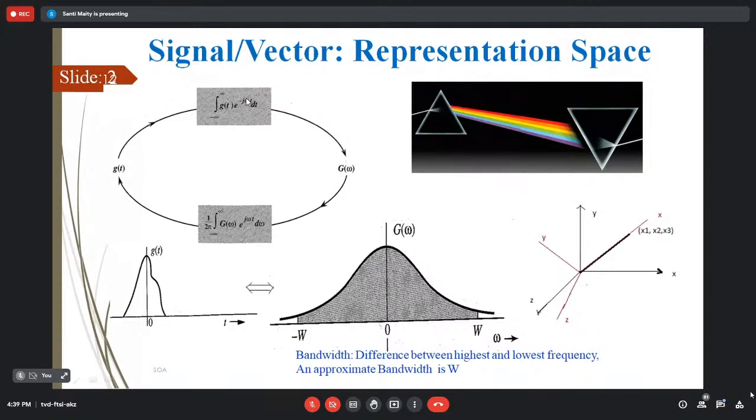What is e to the power minus j omega t? I don't include all this in the slide, but if you think of e to the power minus j omega t, you can think of a rotary vector, a vector having angular velocity omega, and if you project on the real axis and imaginary axis, it will give rise to sine omega t and cosine omega t. So e to the power minus j omega t is nothing but cosine omega t minus j sine omega t.